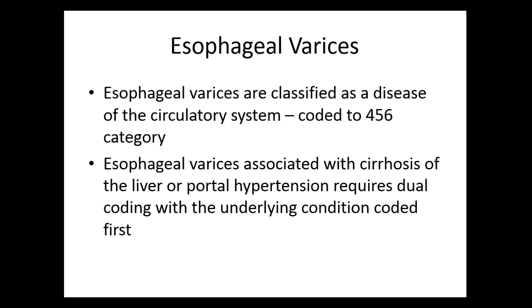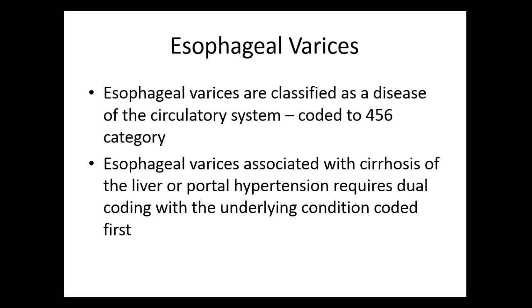Esophageal varices are coded to the circulatory system and are coded as follows. Esophageal varices with bleeding goes to 456.0, and esophageal varices without bleeding goes to 456.1. Esophageal varices associated with cirrhosis of the liver or portal hypertension requires dual coding with the underlying condition coded first.